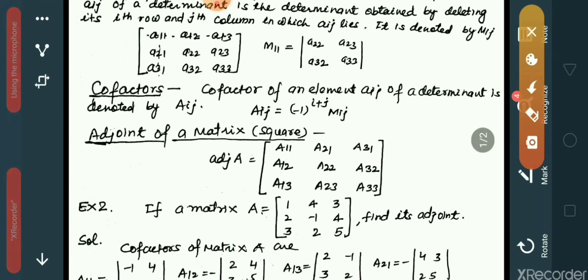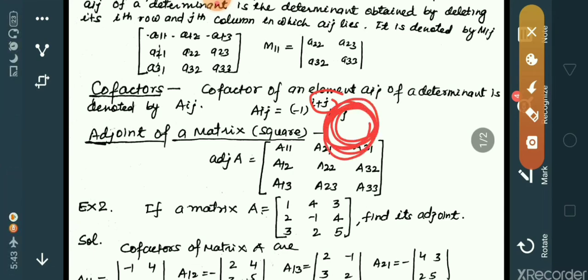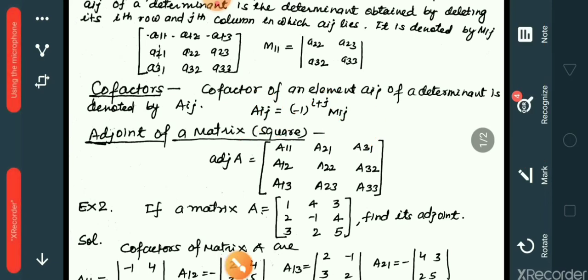And Aij is equal to minus 1 raised to the power i plus j into Mij, where i plus j is the suffix index of this minor, or you can say of this cofactor. So simply if the sum i plus j is even, it will be positive, and if it is odd, it will be negative. So it is cofactor.